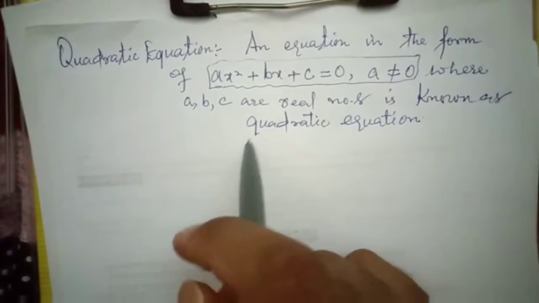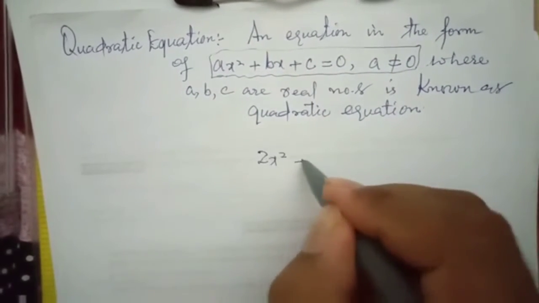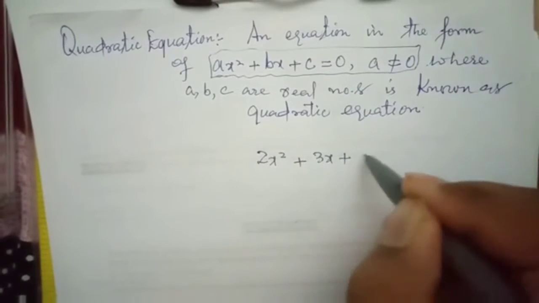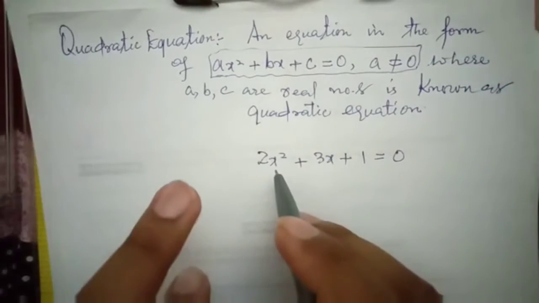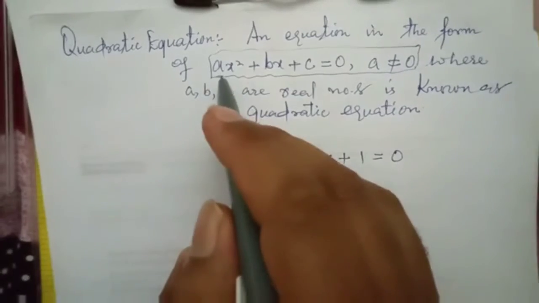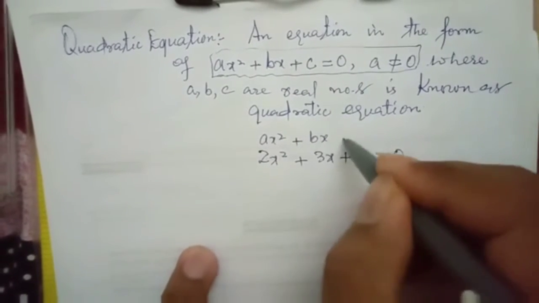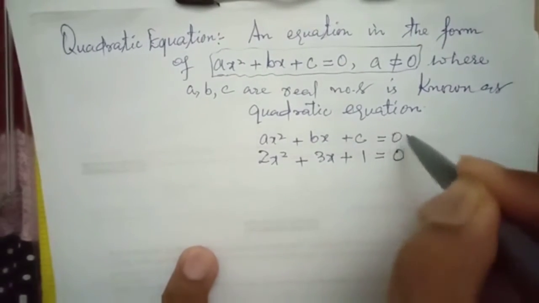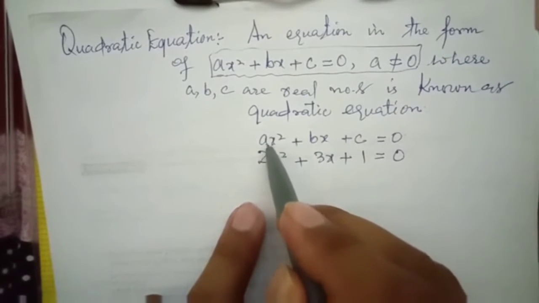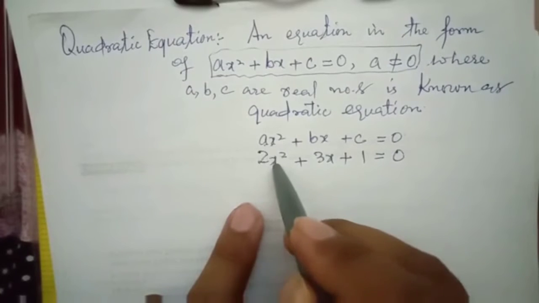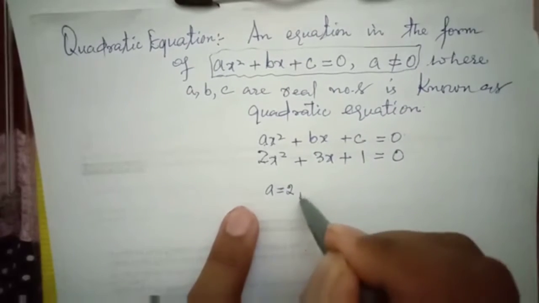For example, I will write here 2x square plus 3x plus 1 is equal to 0. If I compare this equation with ax square plus bx plus c is equal to 0, a is the coefficient of x square, so here 2 is the coefficient of x square, so I can write a is here 2.